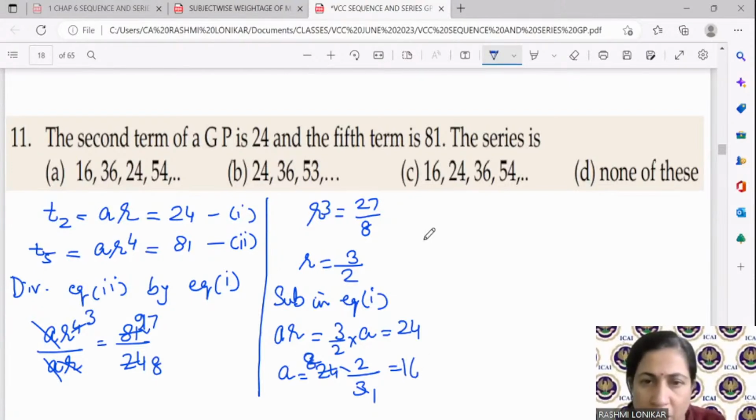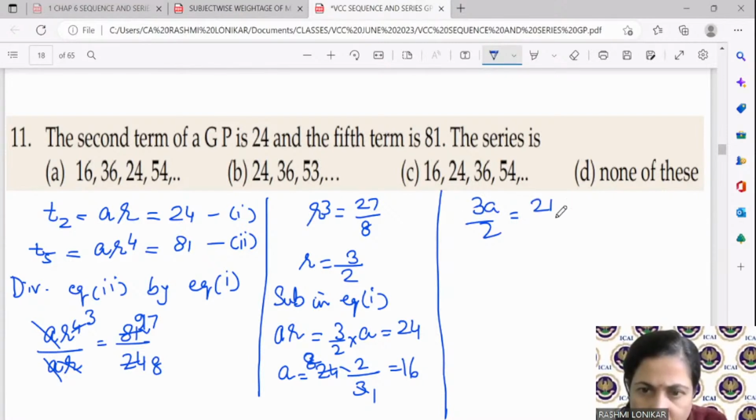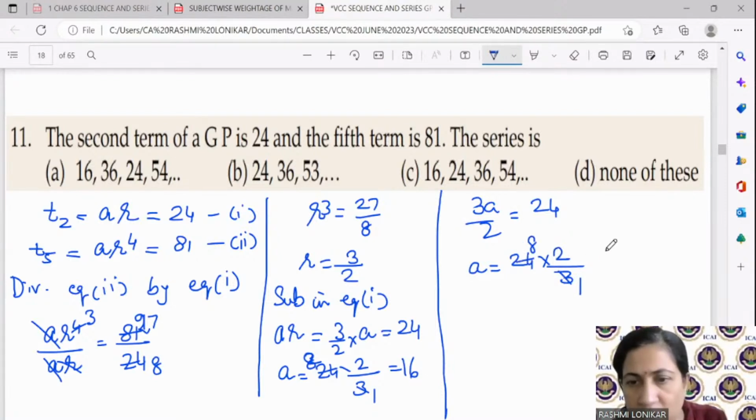Okay. So just show it again. 3A upon 2 is equal to 24 from this equation. So what will I have? A will be equal to 24 into 2 upon 3. So 3 1s are 3, 3 8s are 24. 8 into 2 is 16.